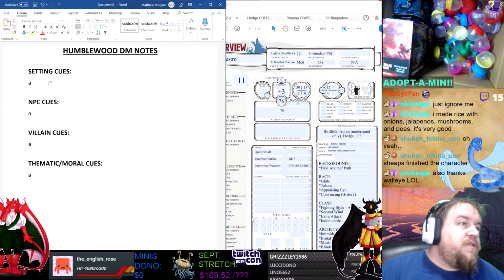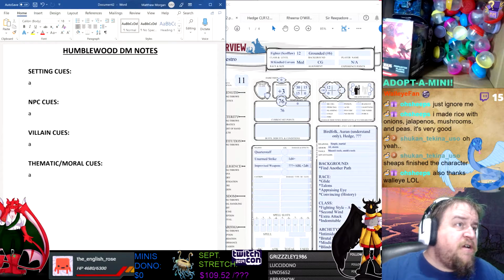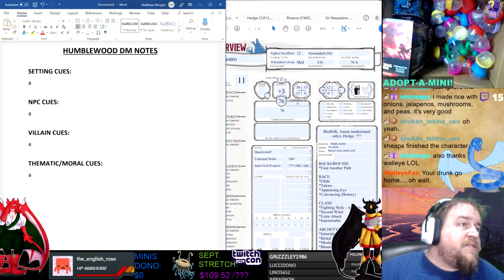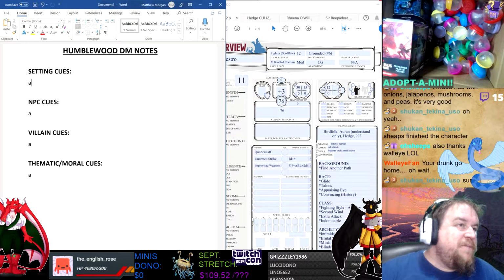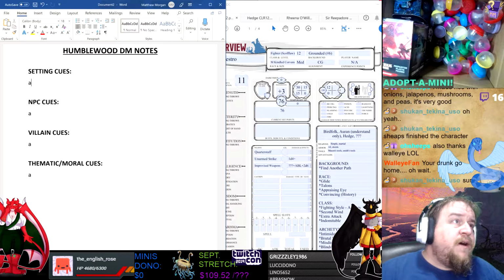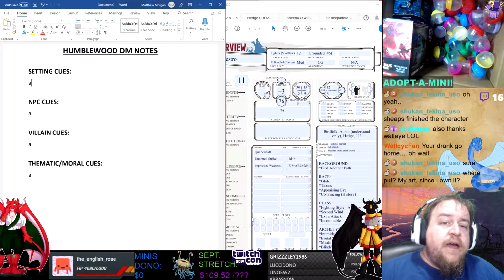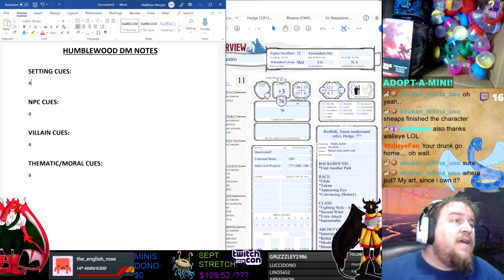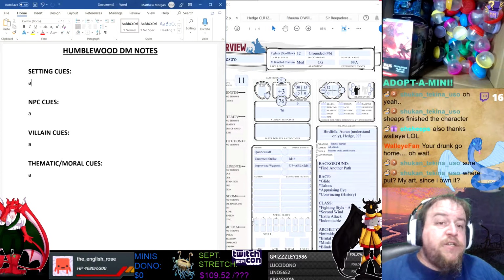Oh, Shukan, Sheep's finished. Oh, is that something that you are willing to share? Yeah, oh wait, Walleye. So Shukan ended up getting the golden prize goblin from James Norse in a very beneficial mutual trade, and commissioned O'Sheeps to do the art.